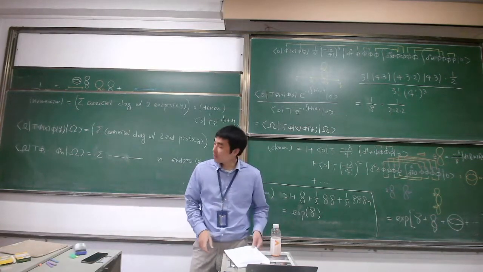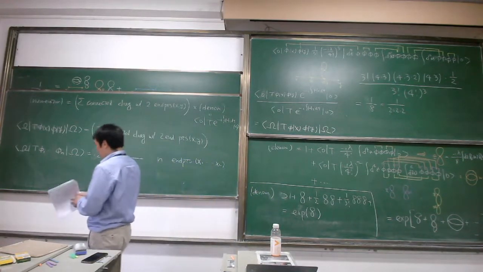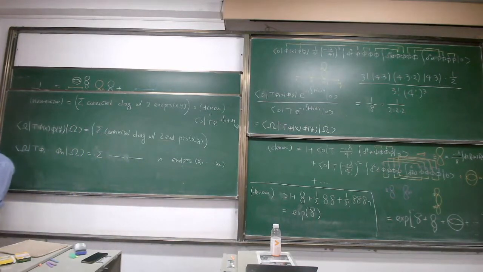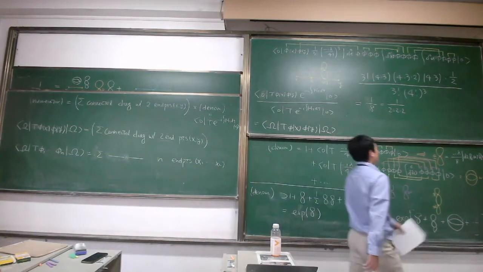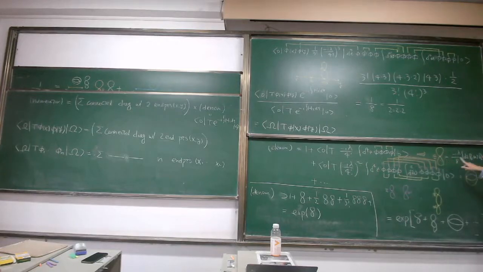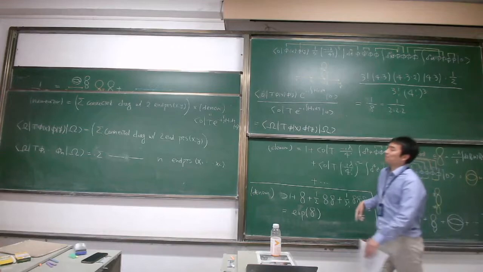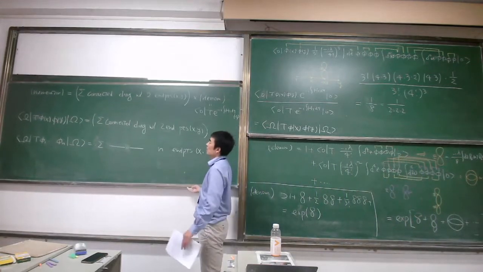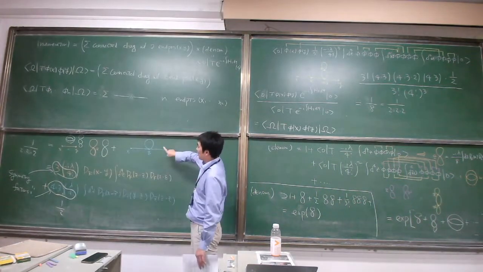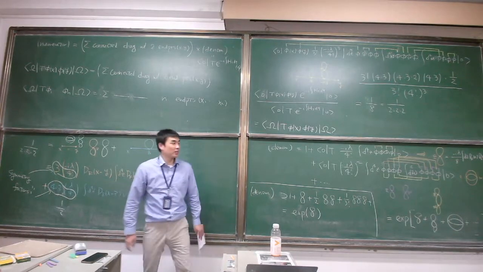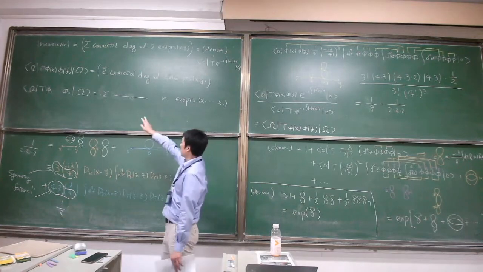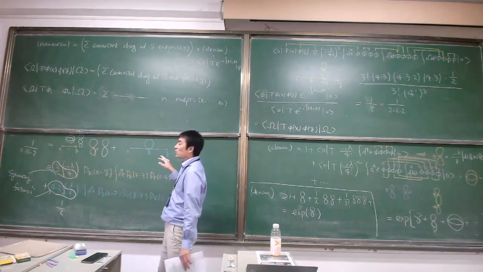So now, given a diagram, let's see how to read off the corresponding term. We already knew that this diagram will give you this kind of integral, right? Likewise, this term will give you this one. But essentially, what we are interested in is only the one which is connected with endpoints.